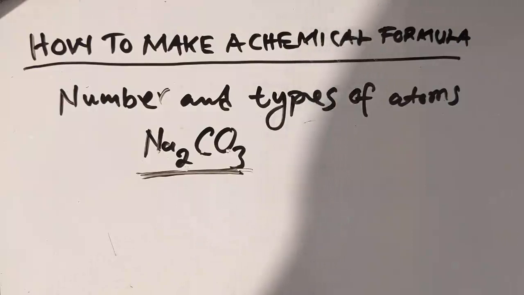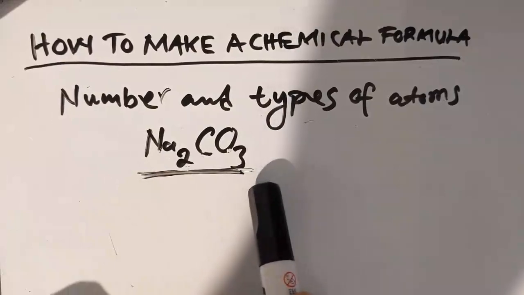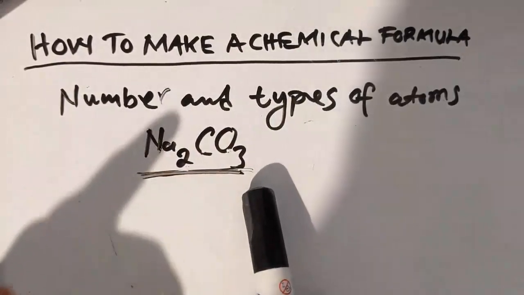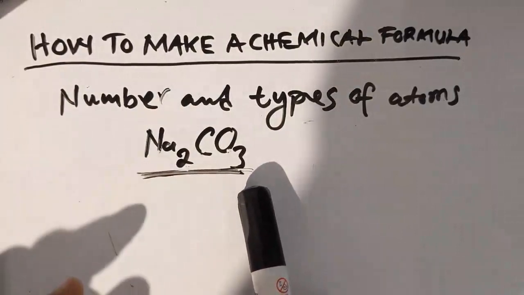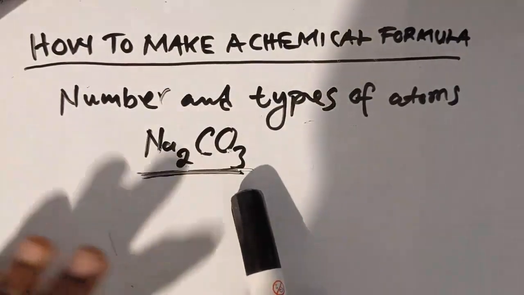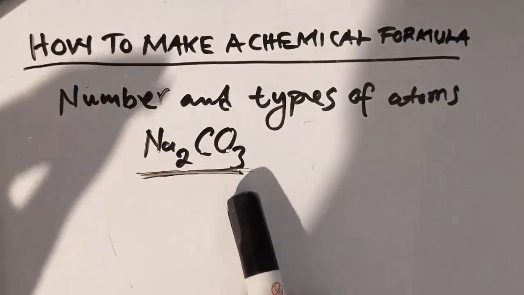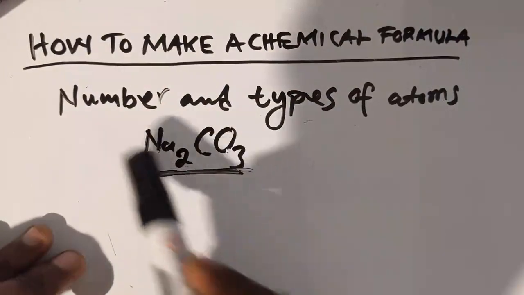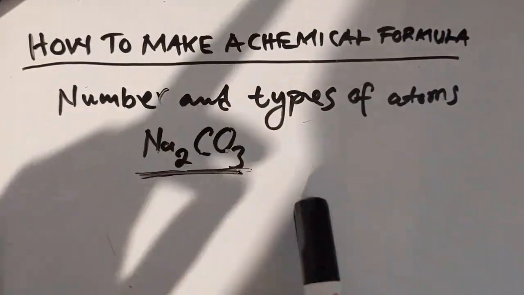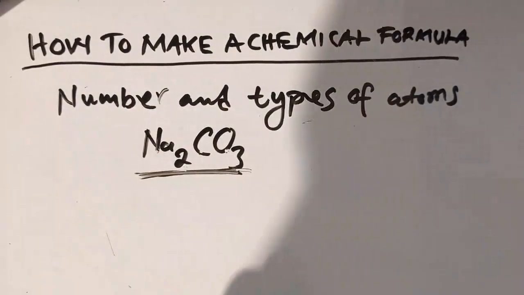So now, how did we come up with this chemical formula? What you need to know is the valence number. You need to know what a valence number is for you to know how to make a chemical formula. So what is a valence number?